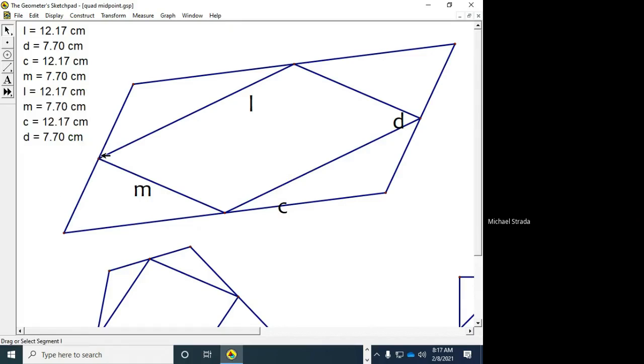And if I measure this angle, I'll realize it's not a right angle. So if I connect the midpoints of a parallelogram, what kind of figure do I create? Another what? Parallelogram. So I create another parallelogram.